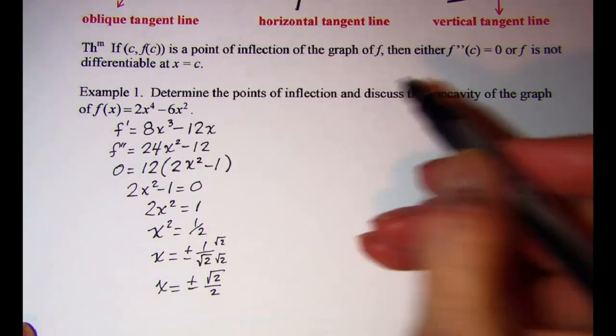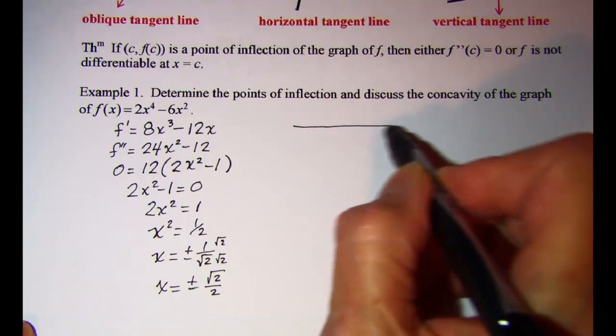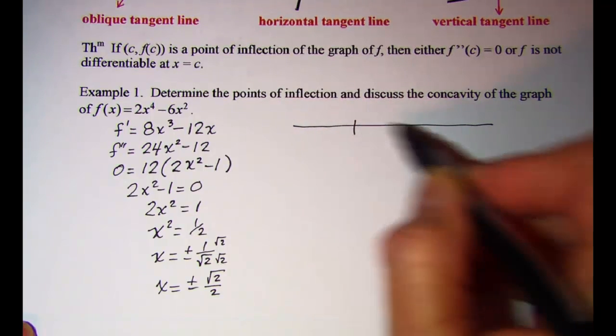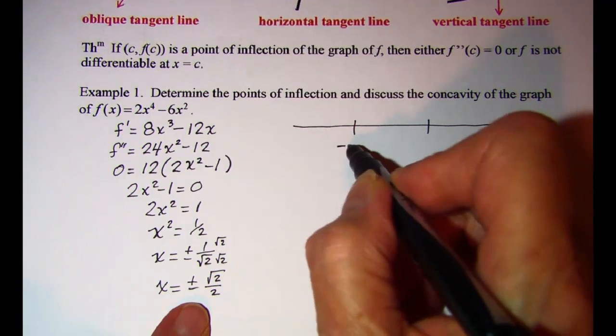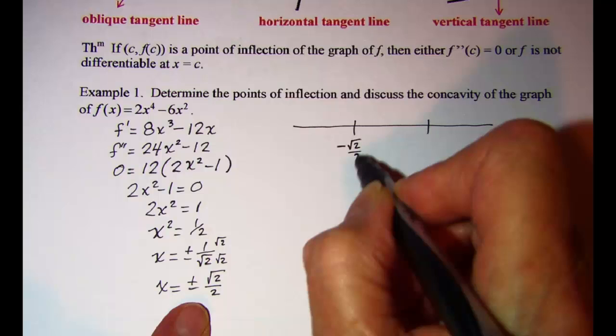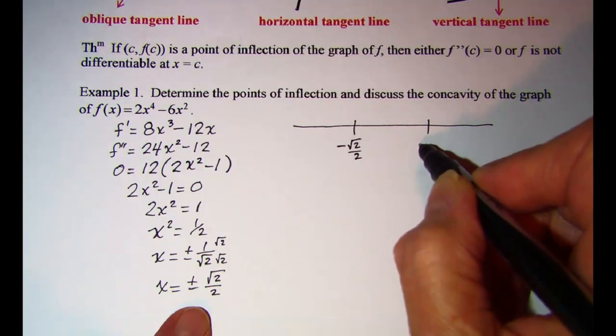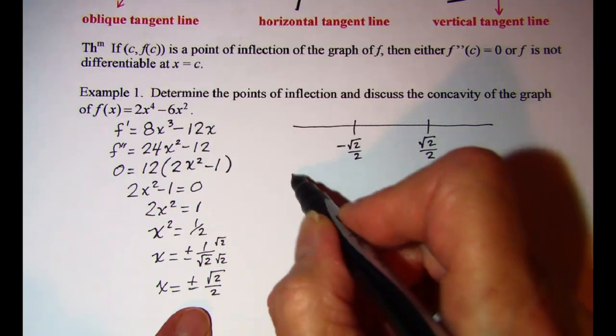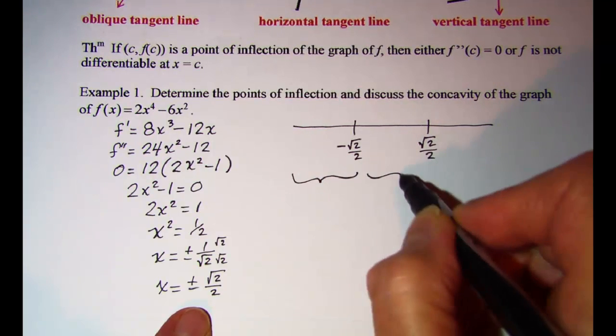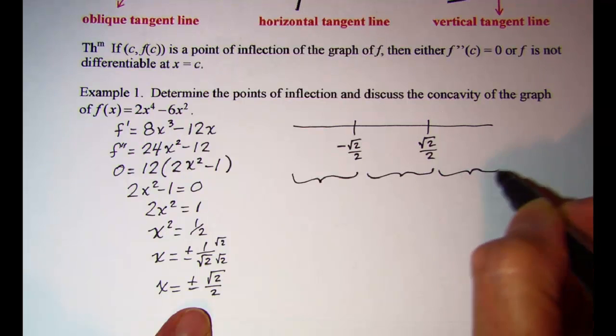So we need to set up our intervals: negative root 2 over 2, and then positive root 2 over 2. And we have an interval here, and an interval here.